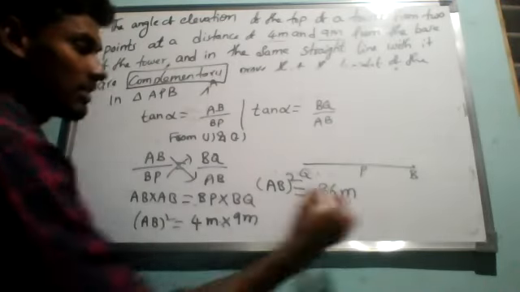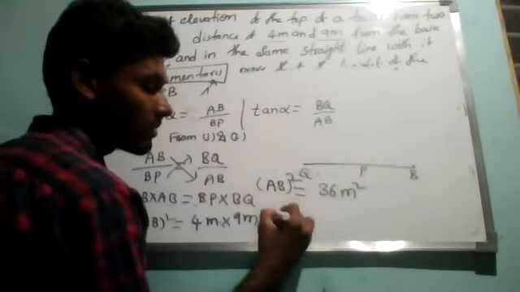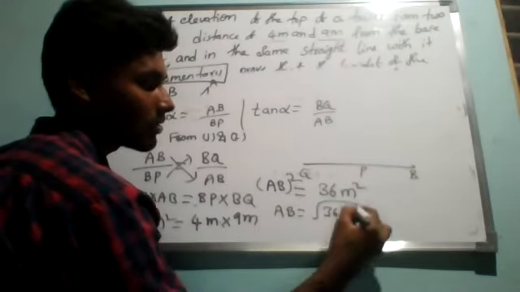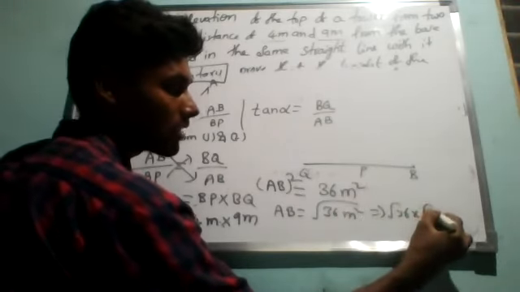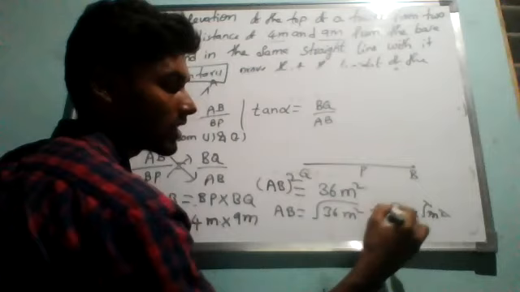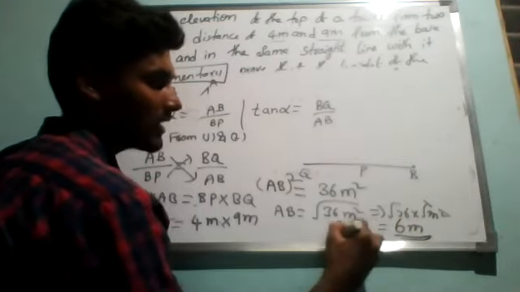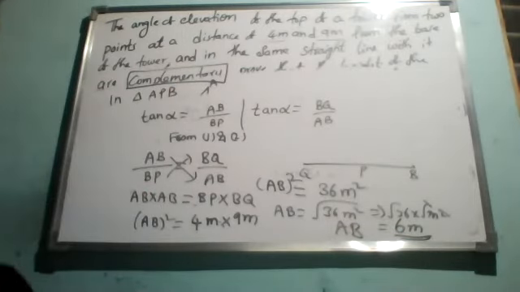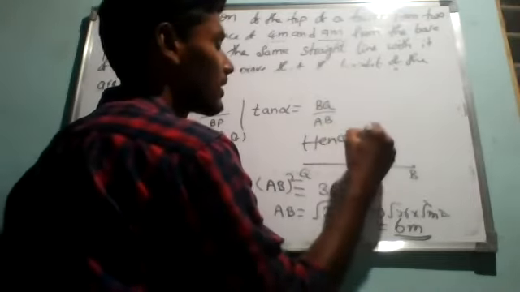Now if the square goes to that side, it becomes root. So root of 36 meter square equals root 36 into root of meter square. The square root and square get cancelled. Root 36 means 6 meters. So from this I get the height of the tower is 6 meters.